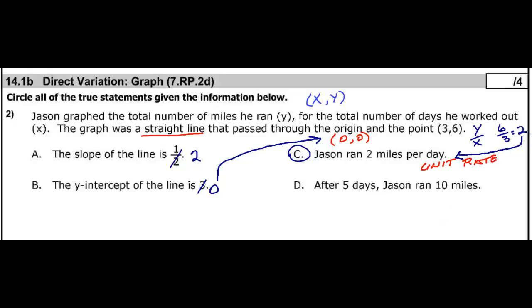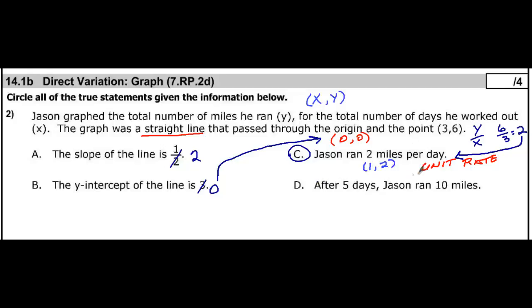So the slope in a proportional relationship is also the unit rate. It tells us how many units happen of y in 1 unit of x. So this would actually be the point. This 2 miles would be the point 1, 2. In 1 day, 2 miles.